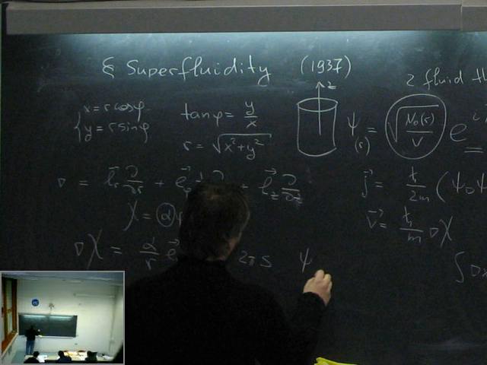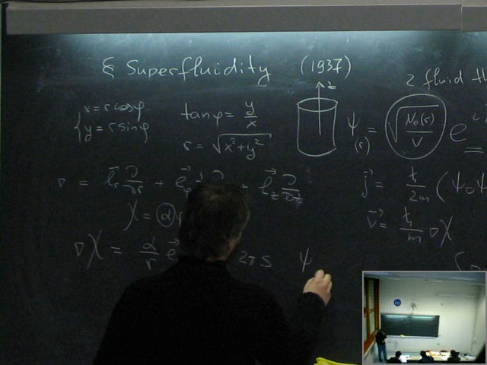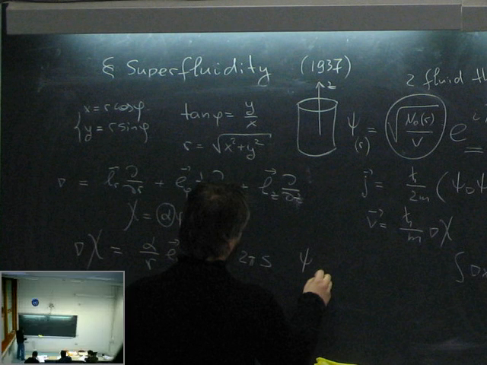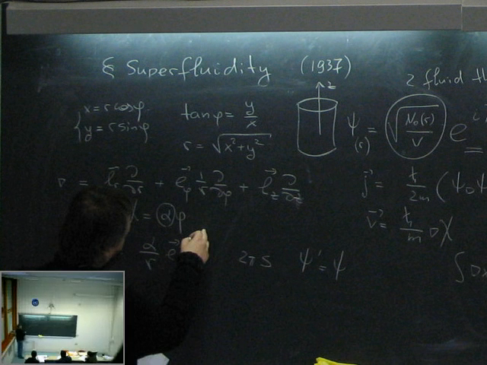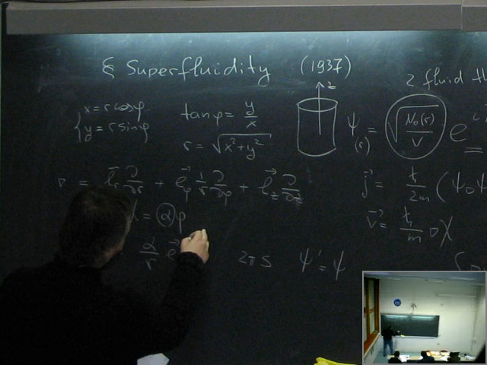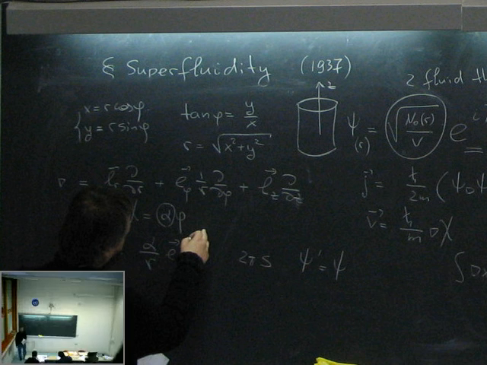Psi prime is equal to psi. So then we can conclude that alpha is equal to S, where S is 1, 2, 3, 4, and so on and so forth, an integer number, or so-called winding number.